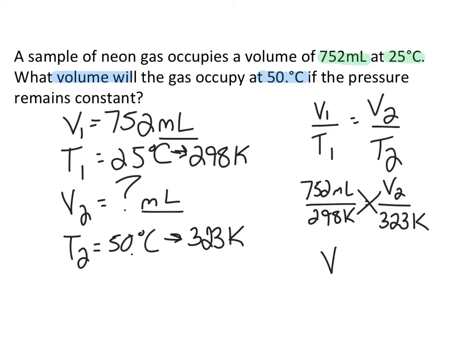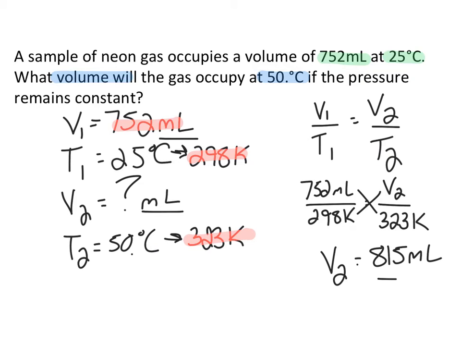You can do the algebra however you want. And I get an answer of 815 milliliters. I rounded to 3 sig figs because when I'm looking at the numbers at the end, I'm looking at 752, so that has 3, 298, which has 3, and 323, which has 3. So my smallest amount was 3, so that's why I rounded to 3.